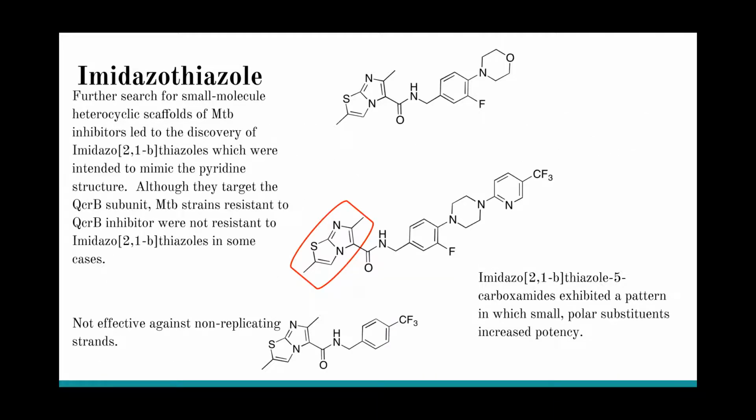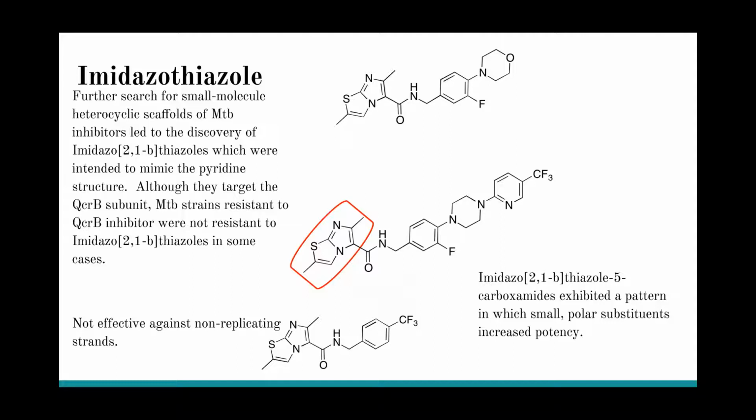Here you can see the imidazothiazole scaffold, and these were basically intended to mimic the pyridine structure that you saw in the previous slides. These compounds had the same QcrB subunit target.